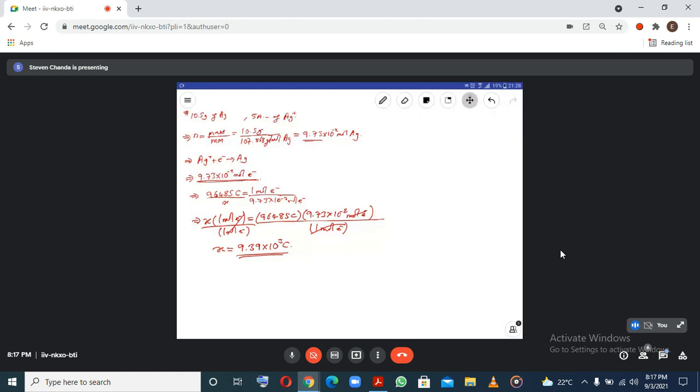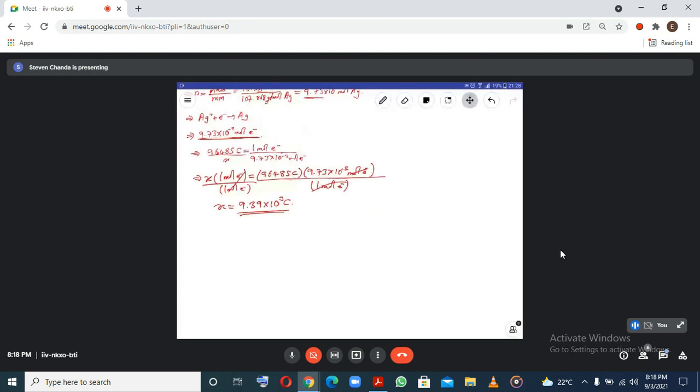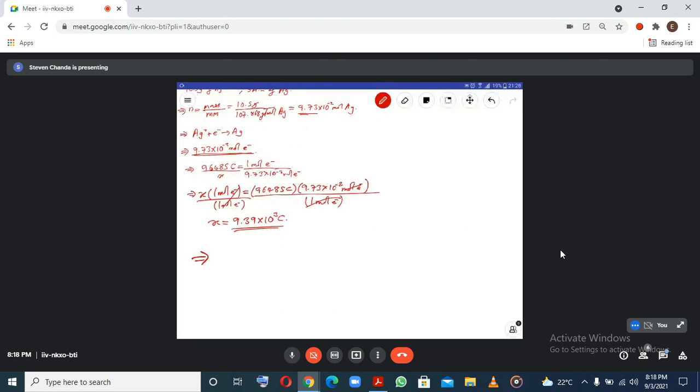So now from here we are remaining with the time. So what have we been told so far? What we've been told is the amount of current being passed is 5 coulombs per second.